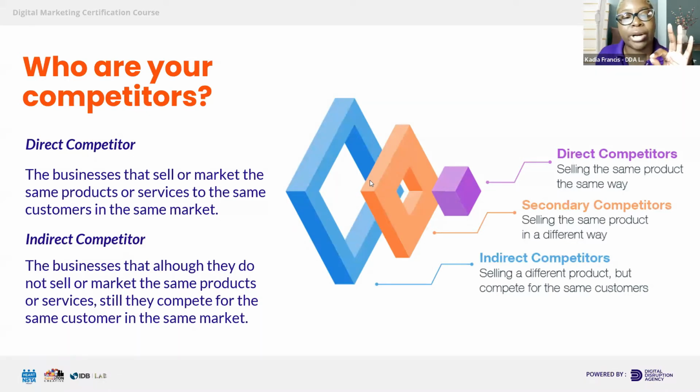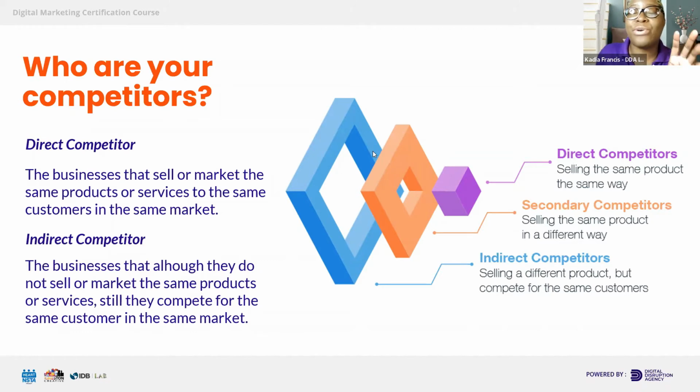So this is the difference. Pizza Hut and Domino's are direct competitors. Why? Because they're both selling pizza. They're marketing the same product, pizza. However, Pizza Hut and Domino's are indirect competitors with KFC.